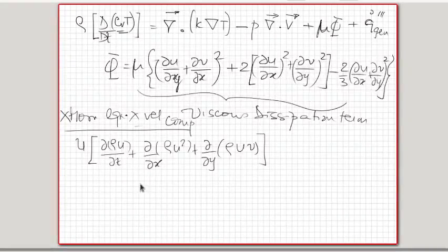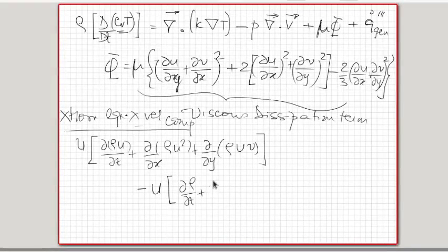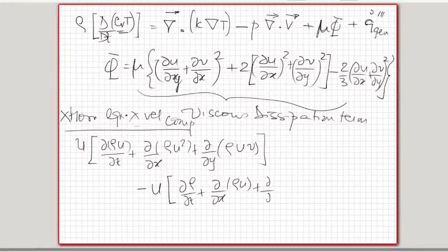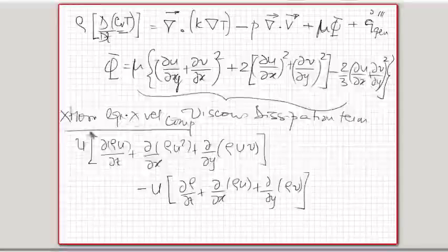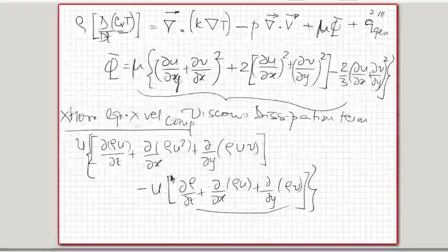So this minus u times the continuity equation, which is ∂ρ/∂t plus ∂/∂x of ρu plus ∂/∂y of ρv. What do you get here? I multiply by u for the whole thing. This is 0, so you're multiplying by 0 and subtracting, not a problem.